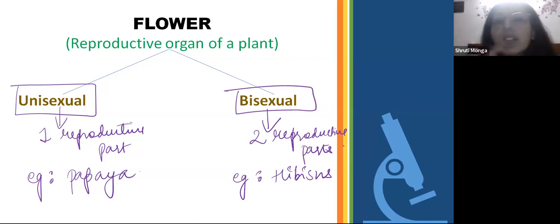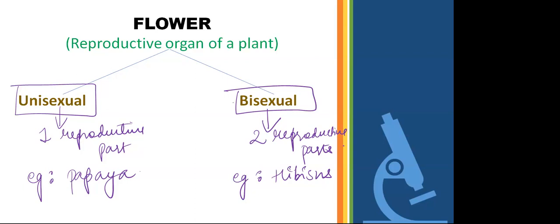Yes, but you can just write the definition. Reproductive organ of a plant is known as a flower, because often students are not able to define a flower. You can just write like this and the types in short. Shall I move? Yes, ma'am.